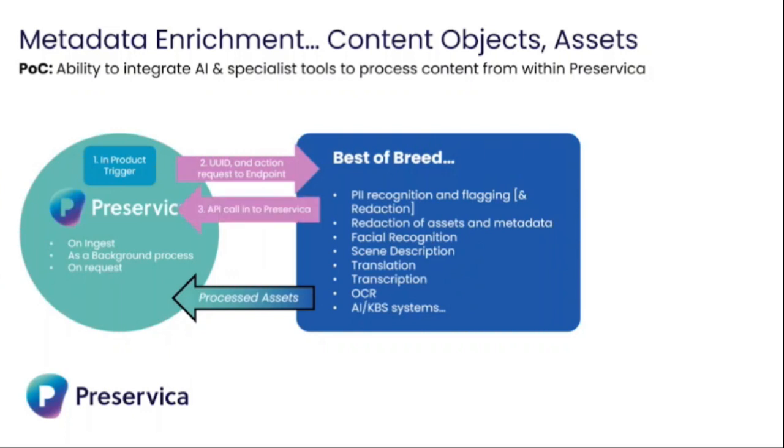That then calls back into Preservica using the API, using the UUID and the credentials, which have also been passed to the system. Preservica feeds the information for processing, and then the content comes back. The content could be processed assets. It could be a new redacted asset. It could be a new content object, and in the first instance is updated new metadata.